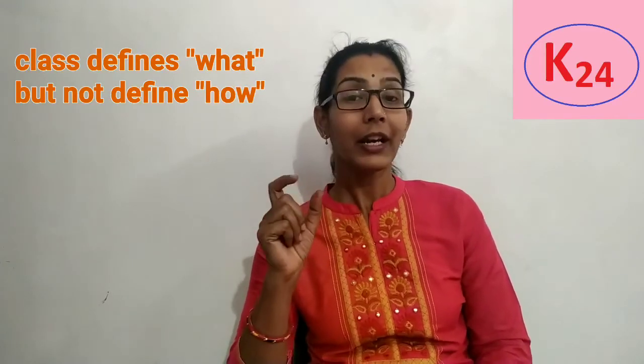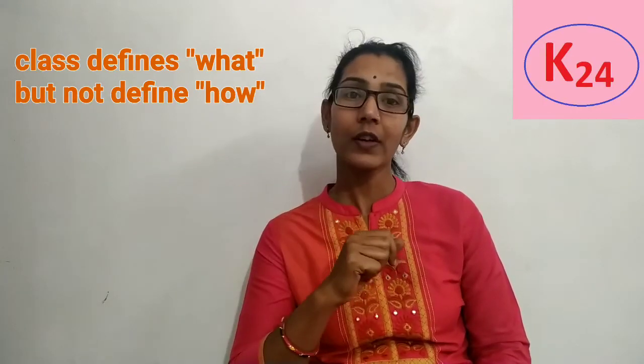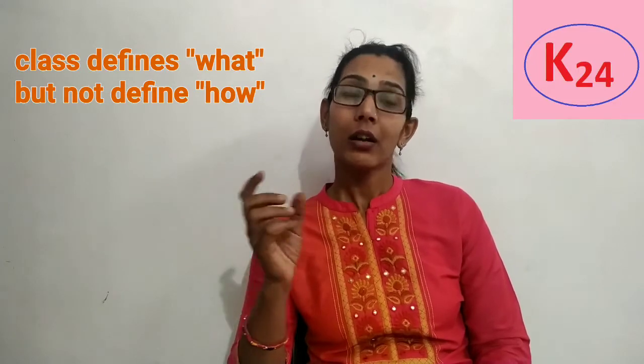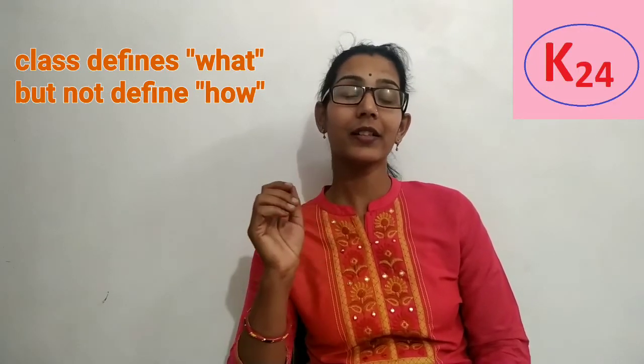The purpose of the class is to define or specify the structure only. It defines what the object consists of and what operations are followed by the objects. For this reason, the class is also called a generic template or blueprint for the objects.